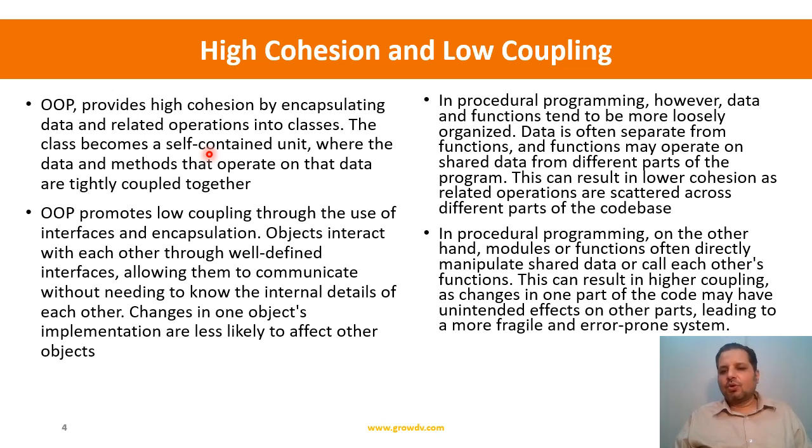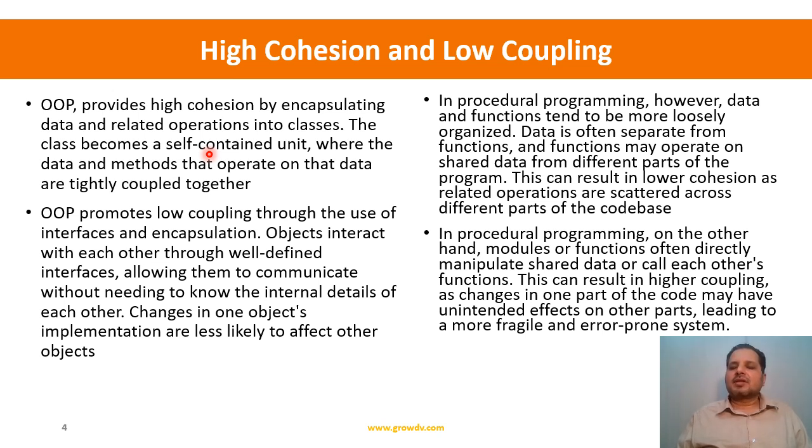Whereas when you look at procedural programming, both the data and the functions are kind of loosely organized. When you look at a C program, you have declared some data, you have declared some functions, and there is no clear-cut division as to which function is going to modify which data. That is not defined, right? And it's very separate.